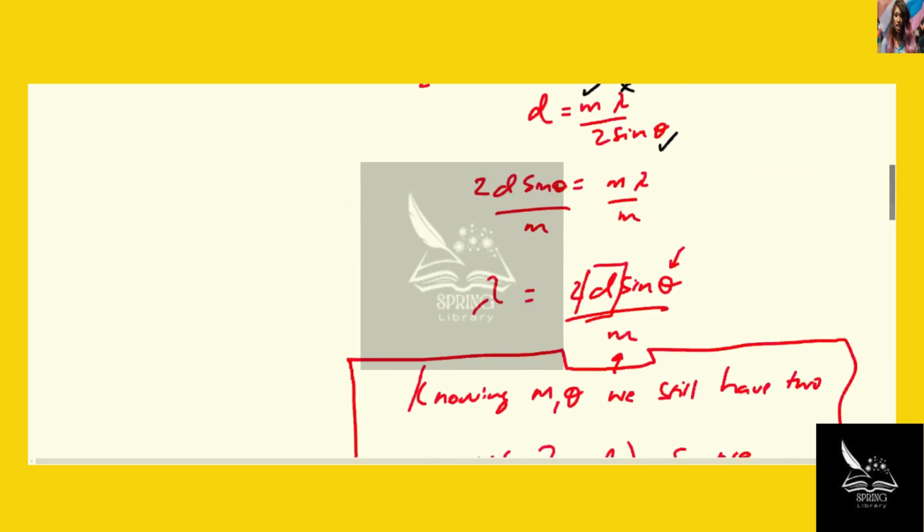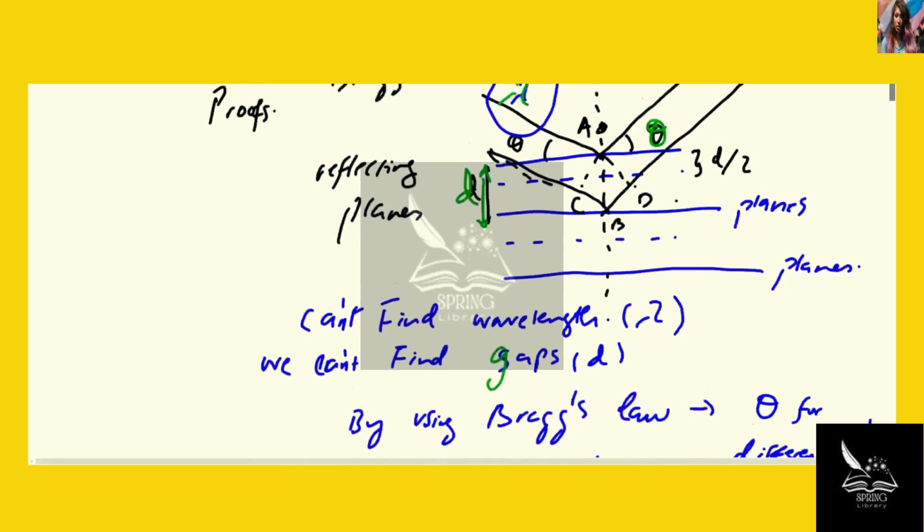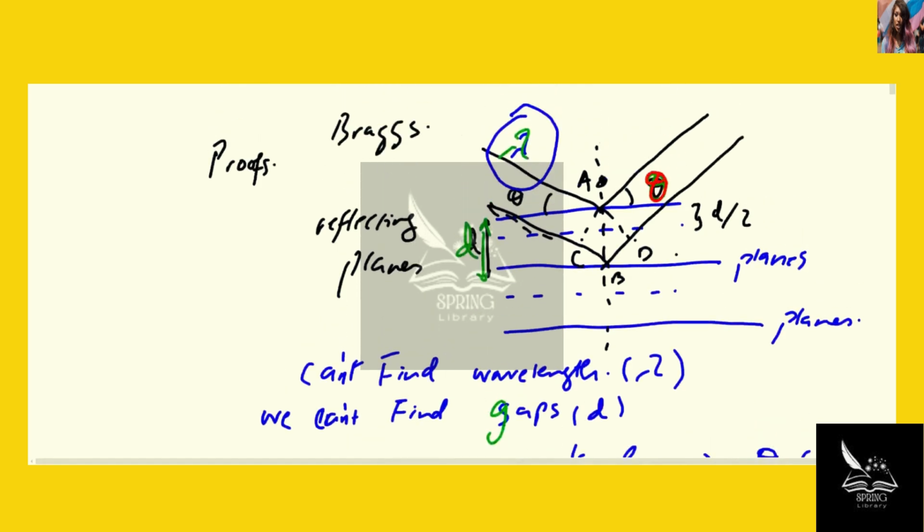If you go back, you see initially we had to use Bragg's angles. We are given theta. We want to find lambda and d, and we assume that we're also going to have m. We have two planes, or multiple planes if you want to call them. These are reflecting planes.